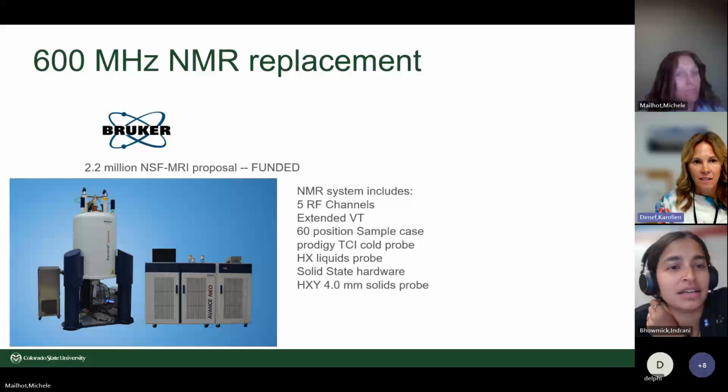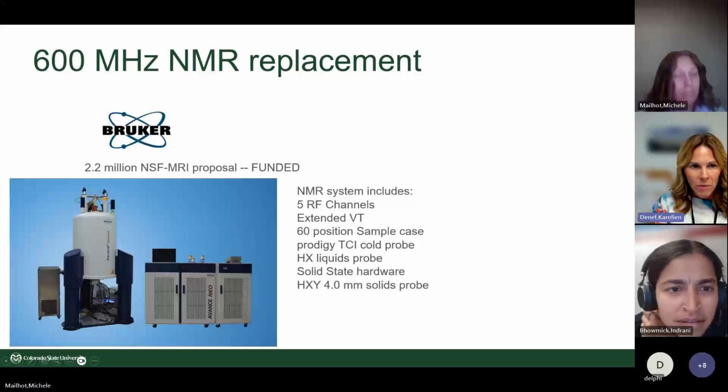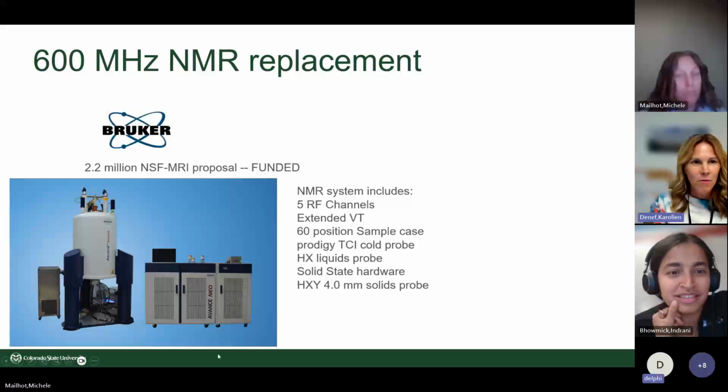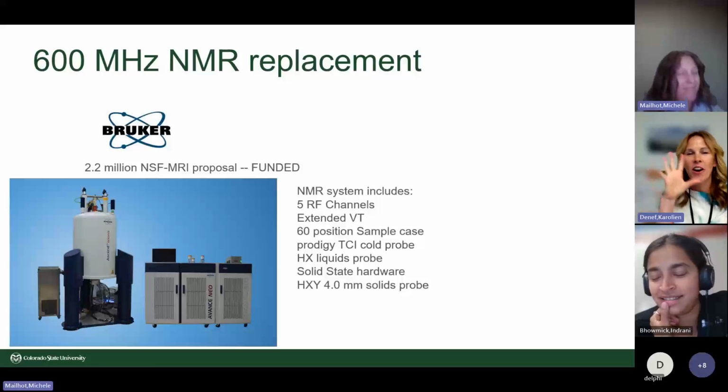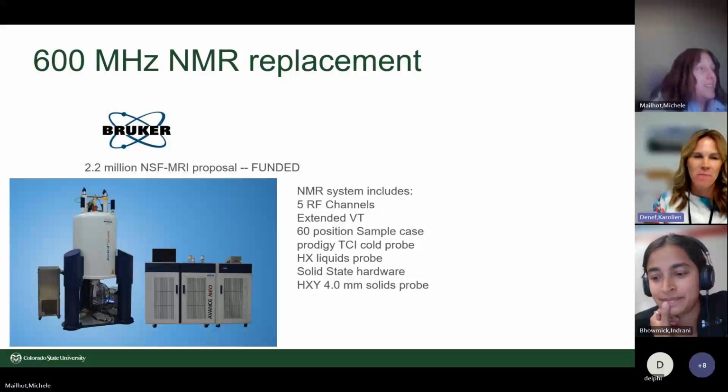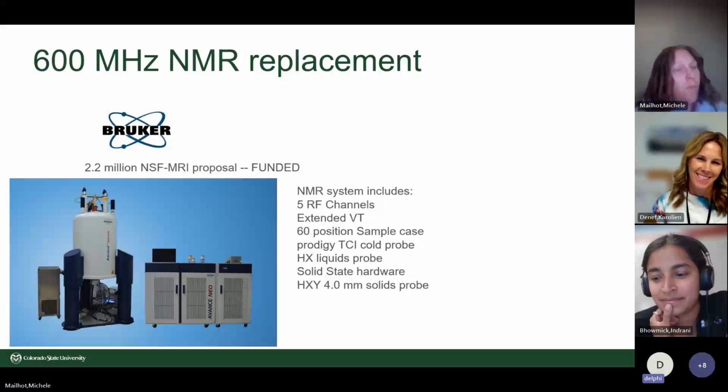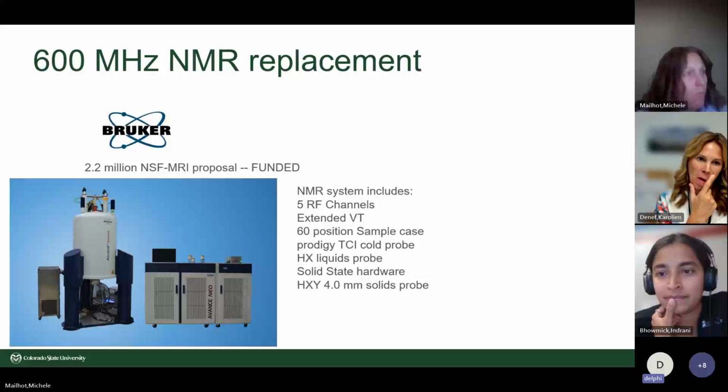I was just thinking if it is compatible with the magic angle that we had before. Same magic angle. Same one. Will there be a lot of time involved with changing the probe?